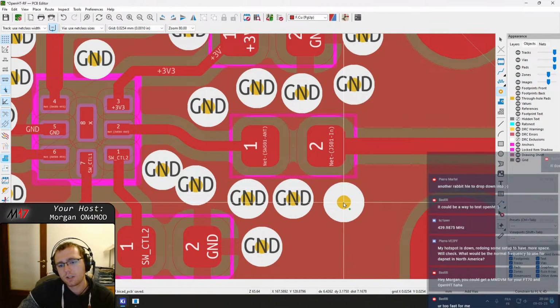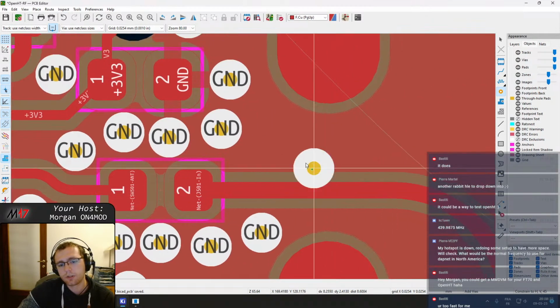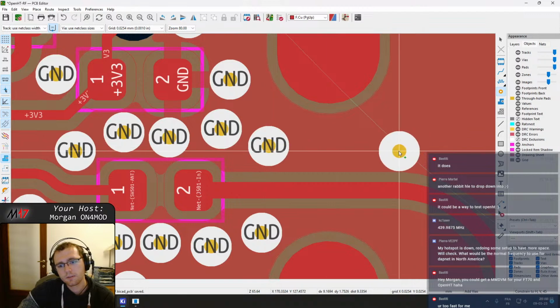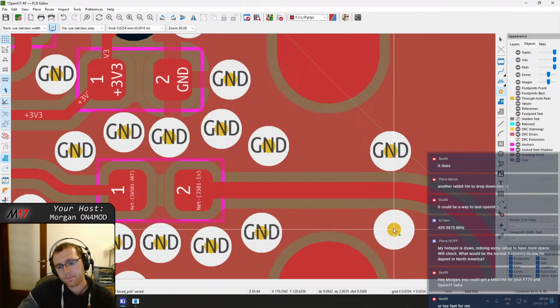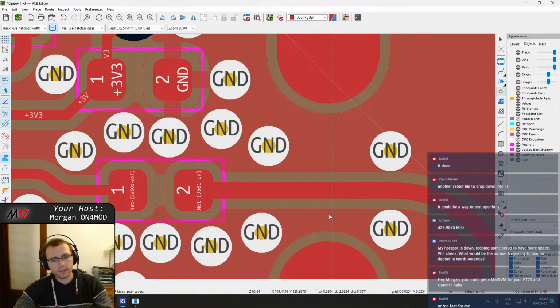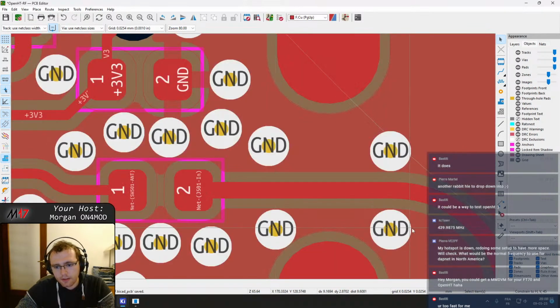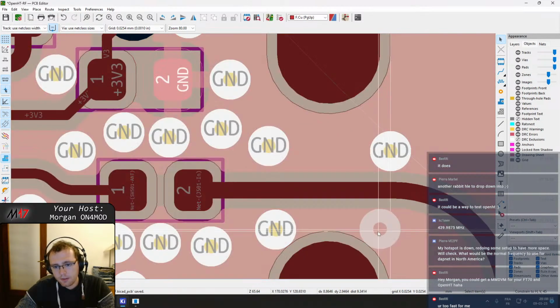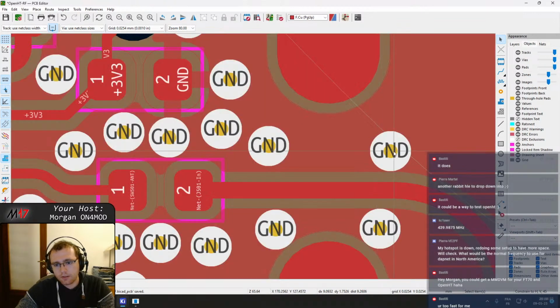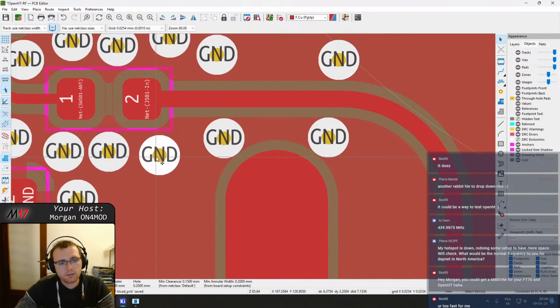So that would be how I would do it for now, I guess. Yeah, we'll see when it comes to that. But for the FM, I do have a Yaesu to test it, so that would do the trick.